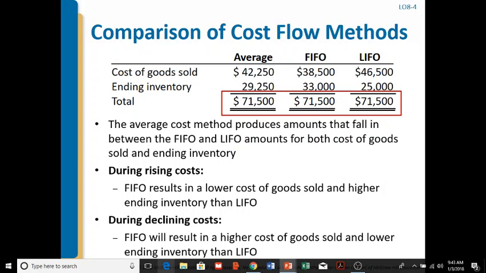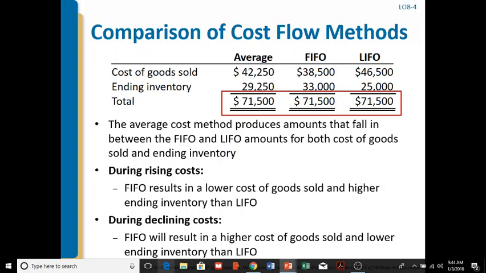So in times of rising costs, cost of goods sold for FIFO is going to be less than cost of goods sold for LIFO, which means that gross profit is going to be higher for FIFO than LIFO. Thus, net income is going to be higher for FIFO than LIFO.